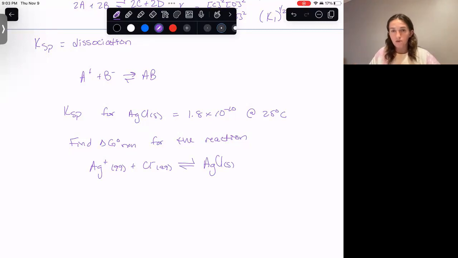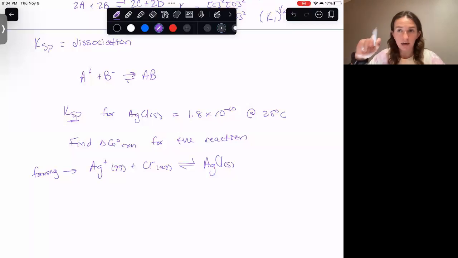So right here is an indicator where we're given Ksp, a dissociation constant, but this is a forming or an association reaction, right? So if we were to write out what the Ksp would be, it would be silver chloride forming silver ions and chloride ions.